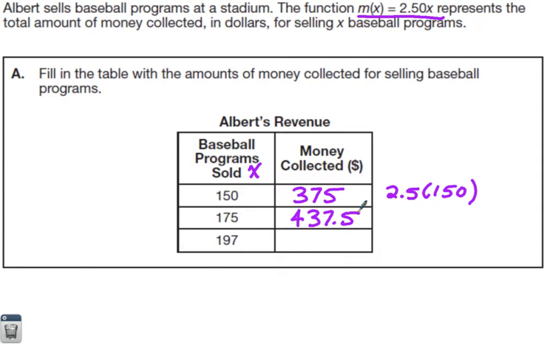And the final X value to plug in for X is 197. So we do 2.5 times 197, and we get 492.5. And that's all there is to part A.